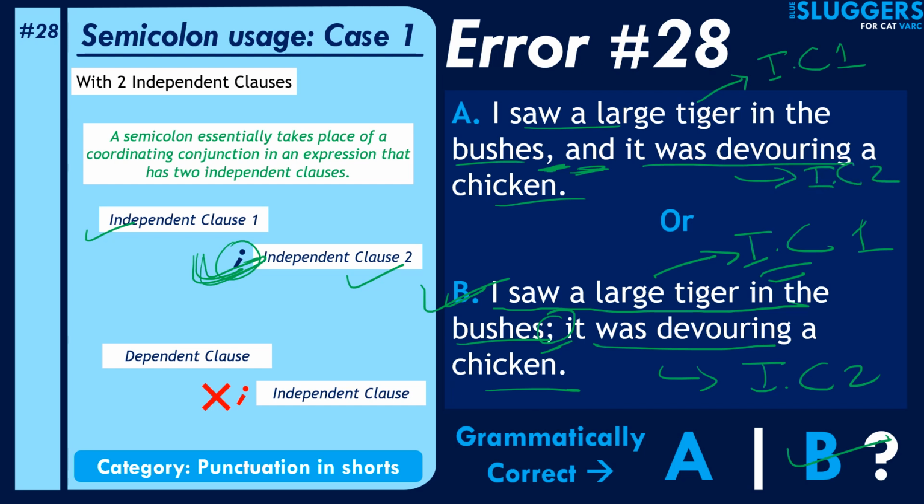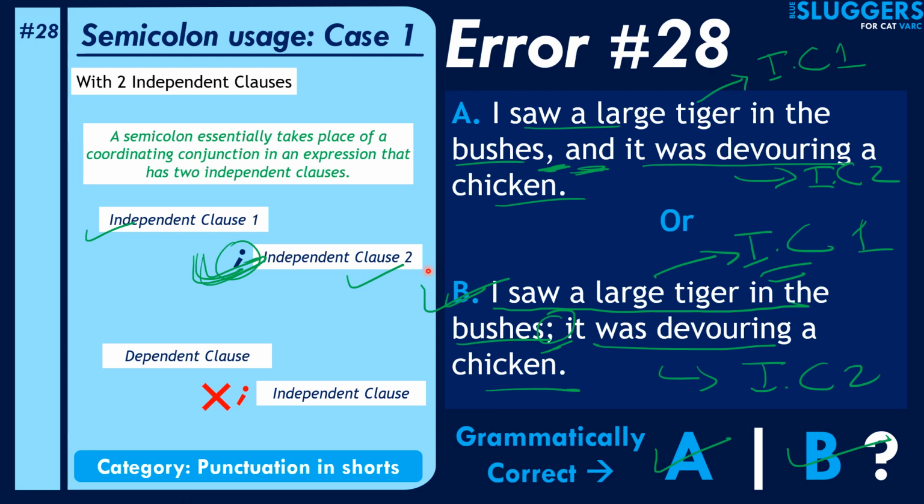So would you consider this sentence to be correct? Well, yes, this sentence will be correct, guys. In fact, this is a case that we studied in the first usage rule of the comma: you do use a comma before a coordinating conjunction when the conjunction joins two independent clauses. That's what we studied in, I think it was error number 24. So yes, both of these sentences are in fact correct.